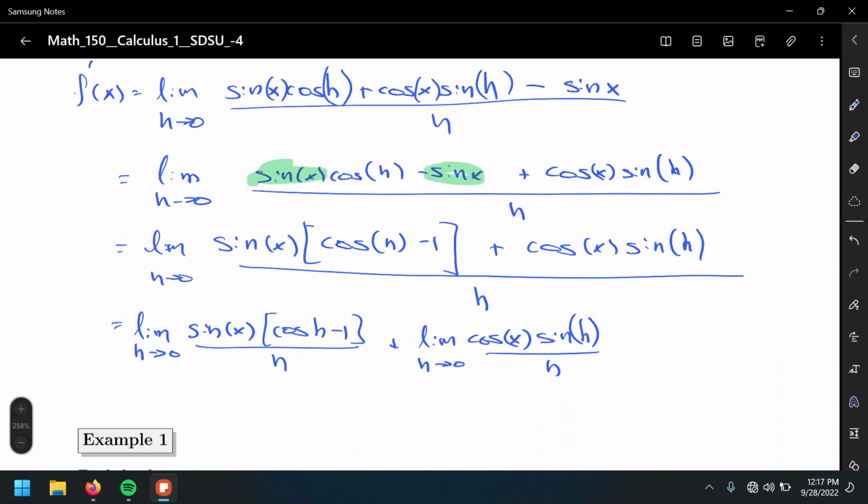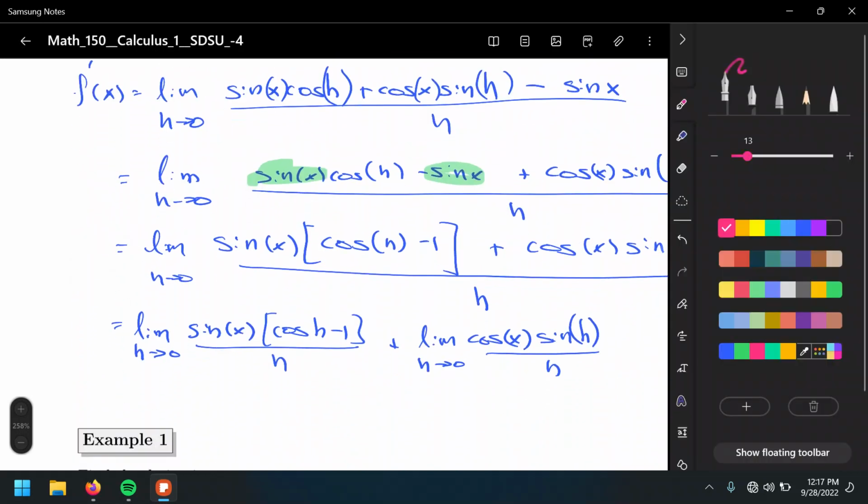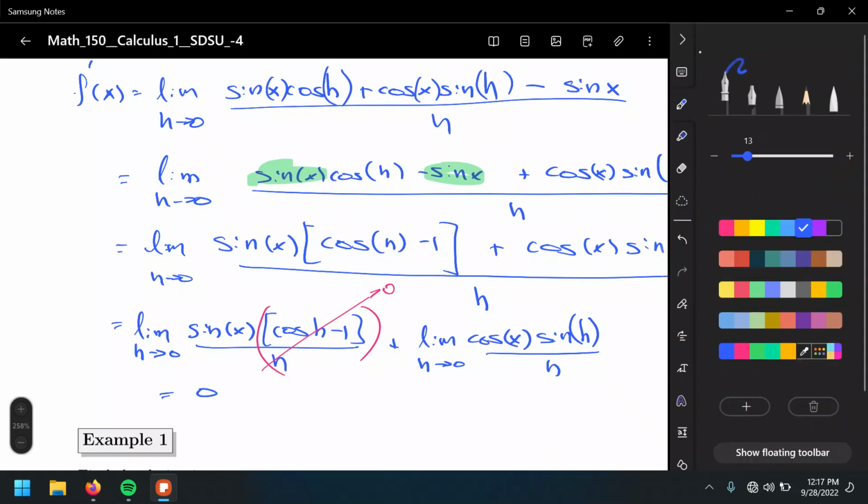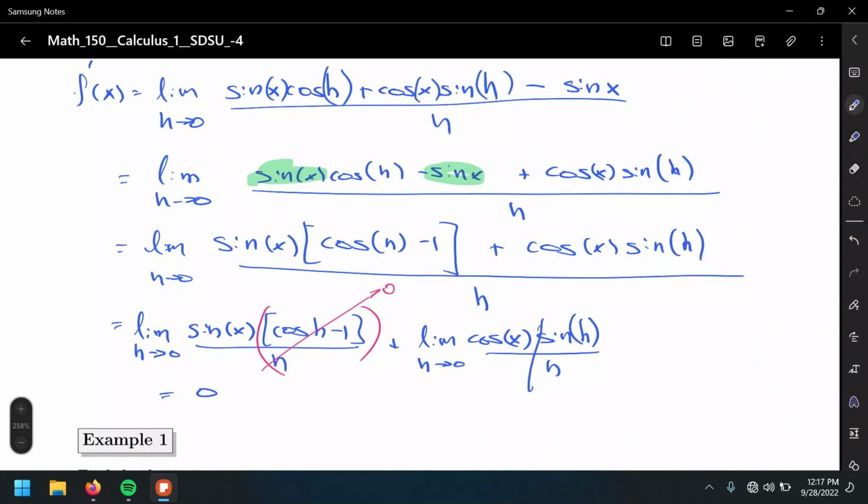This will make that special limit go to 0. 0 times sine, what's that going to be? 0. And do you notice something special about this?